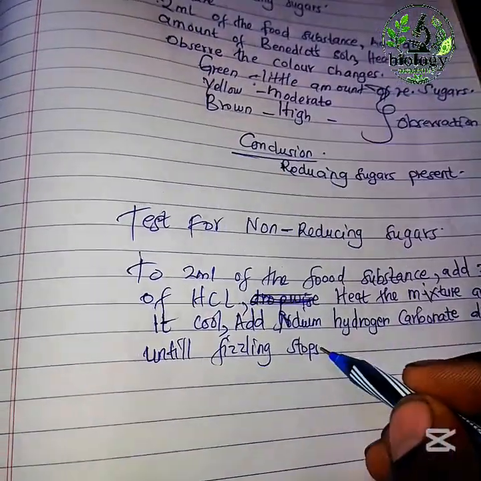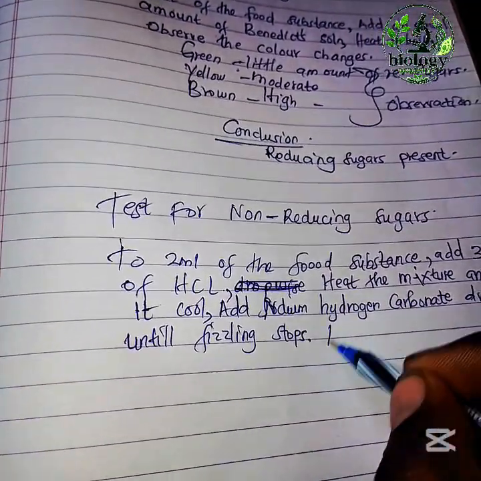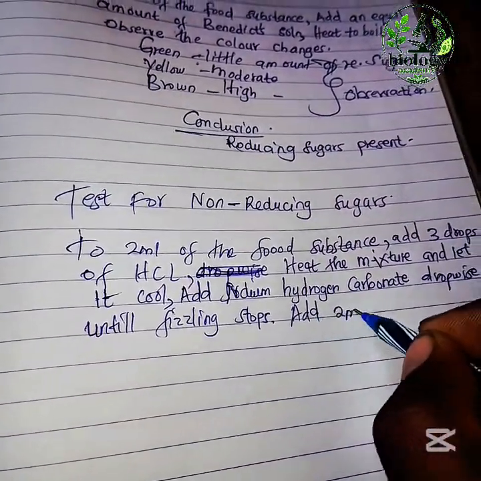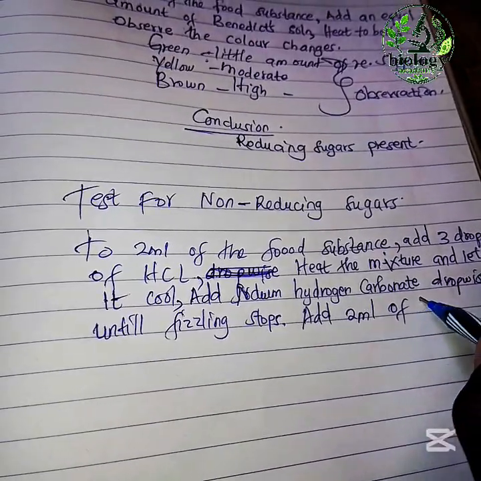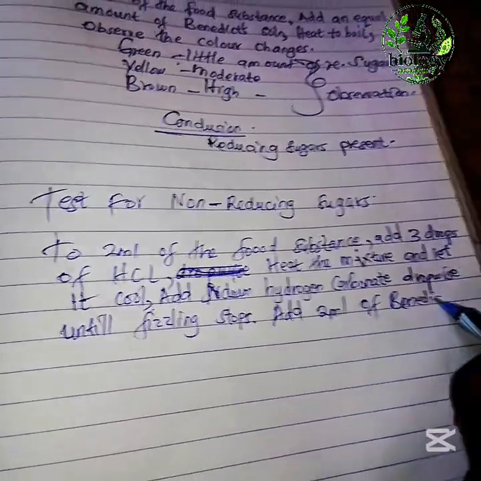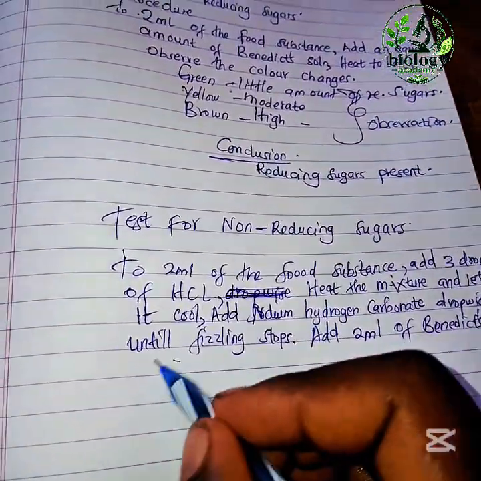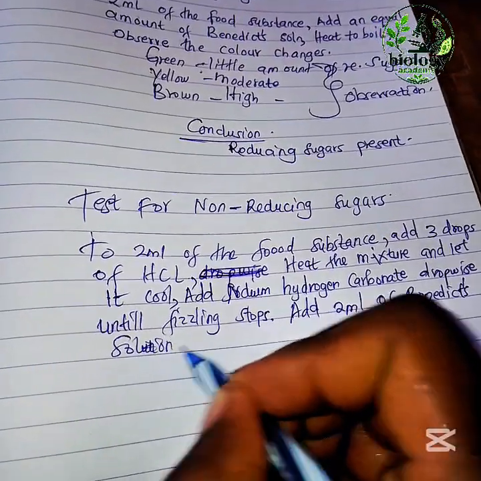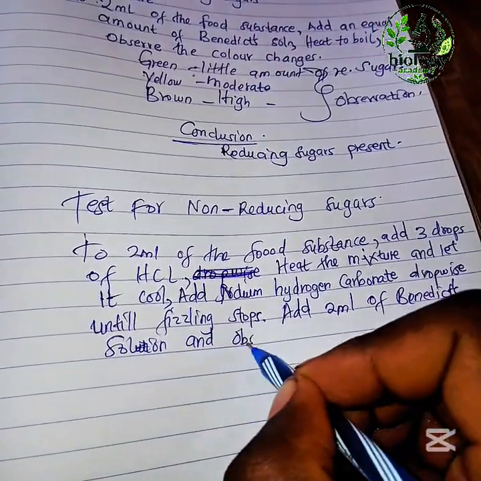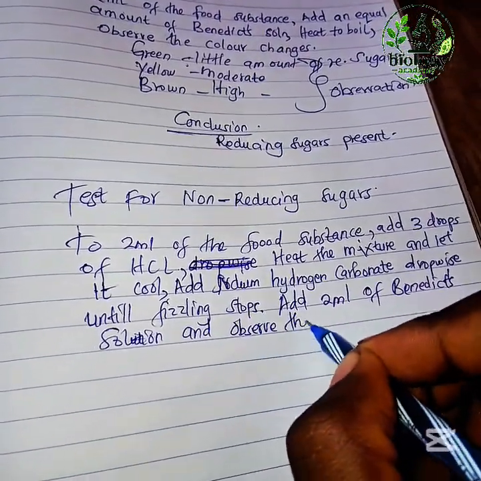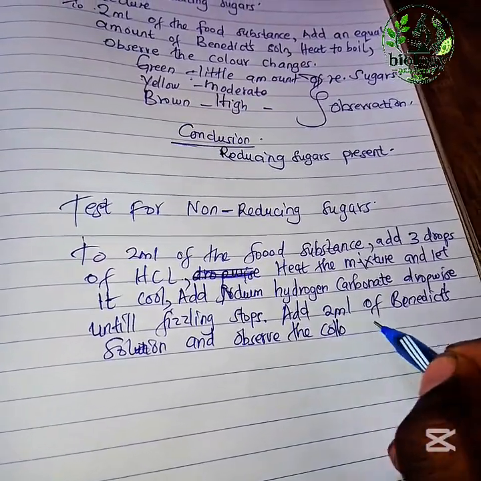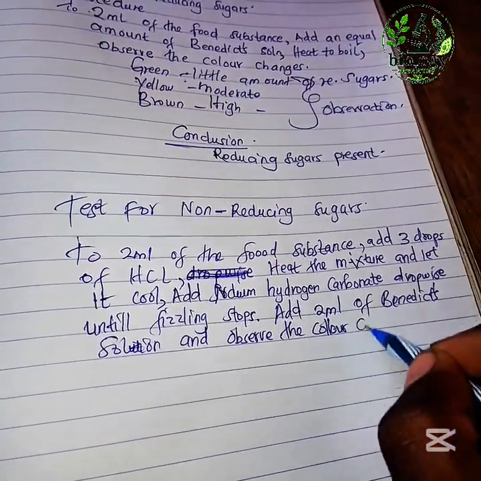Then after doing so, add 2 ml of Benedict's solution and observe the color changes. So after you've added the 2 ml of Benedict's solution, just observe the color changes.